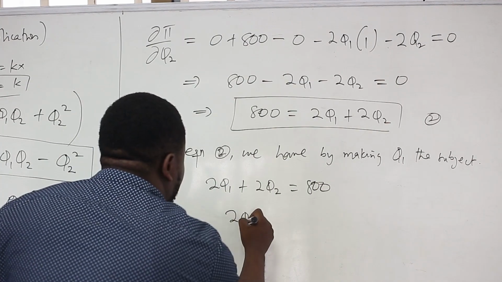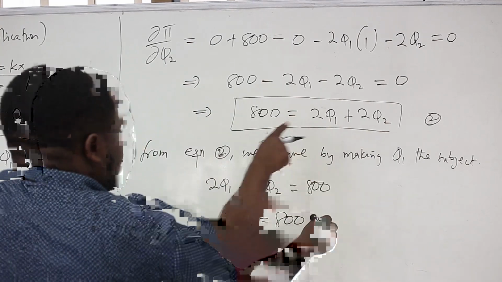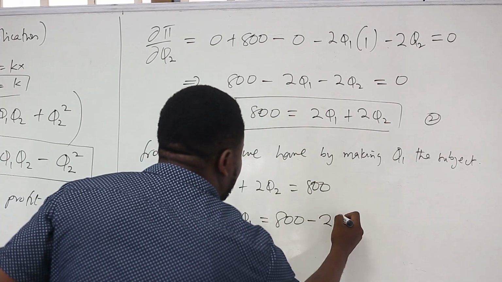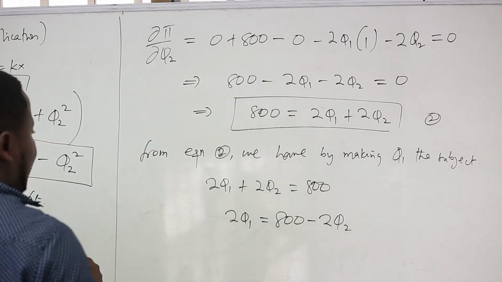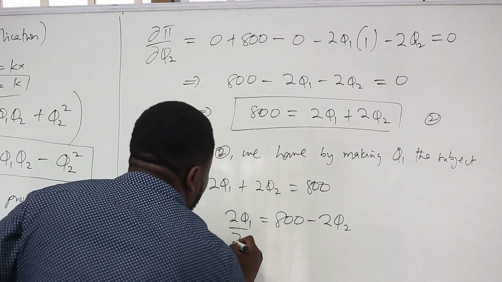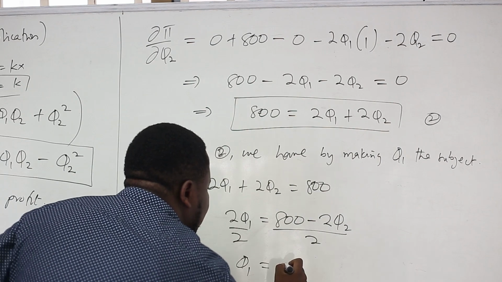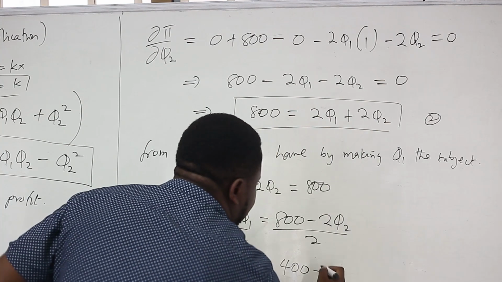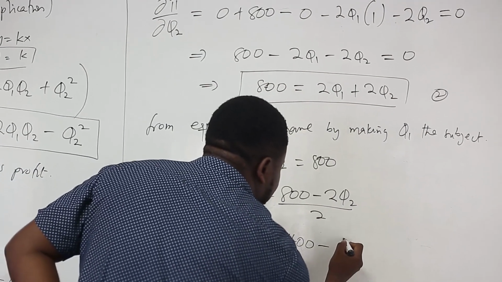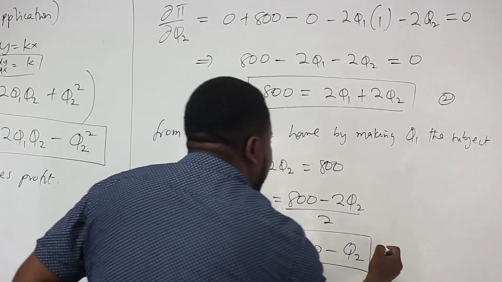So I have 2Q1 is equal to 800. Then this goes there minus 2Q2. Since I'm looking for Q1, I divide by 2 and divide by 2. So I have Q1 is equal to 800 divided by 2, I have 400 minus 2 divided by 2 is 1, I have Q2. So this will give me equation 3.